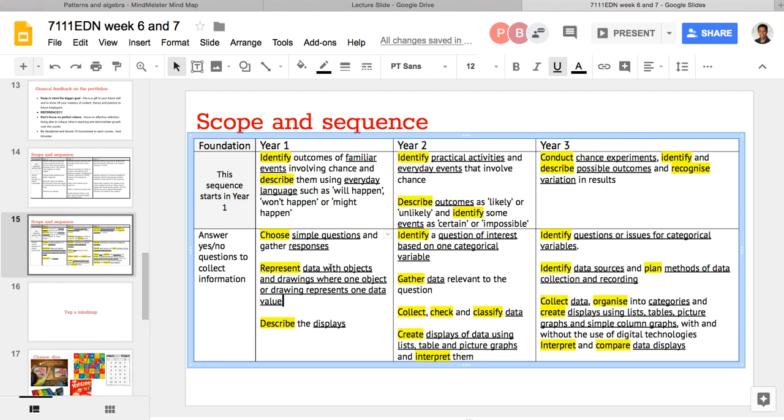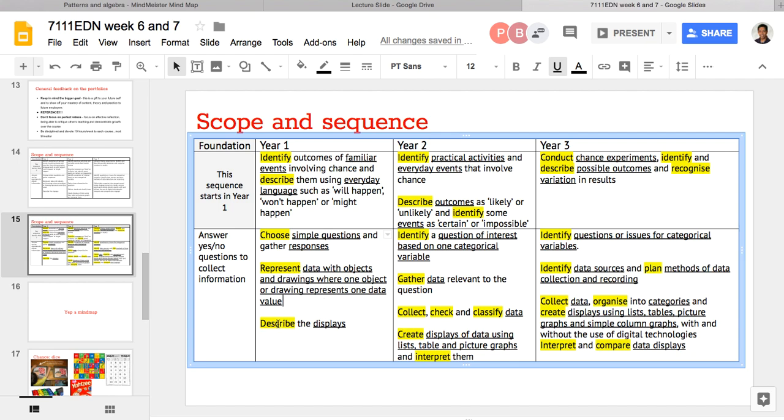So you might get them to line up at the front of the room, or you might have a great big bowl of plastic fruit, and students are to take out their favourite fruit and come and place it in a line on the floor at the front of the room as the graph. Okay? That would be objects. Okay? Then you could get students back at their desk to draw that graph using drawing apples, drawing oranges, drawing bananas, and so forth. Okay?